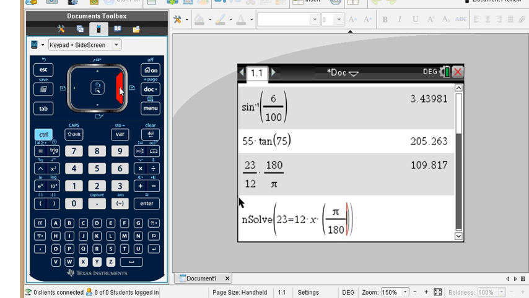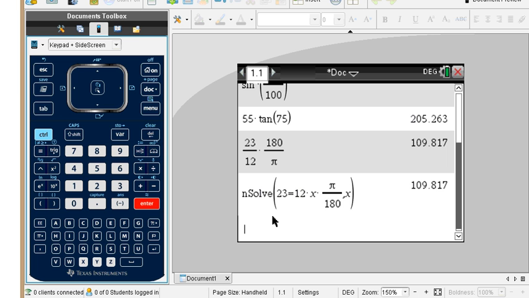So that's our equation here. And we're going to put comma x, then enter. We also get 109.8 degrees.